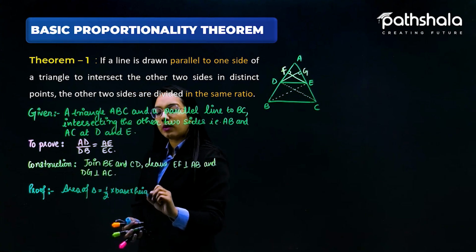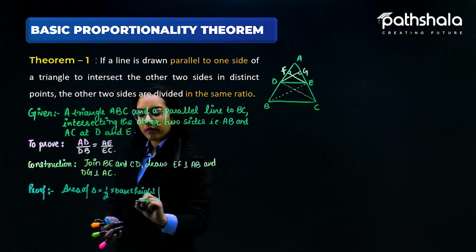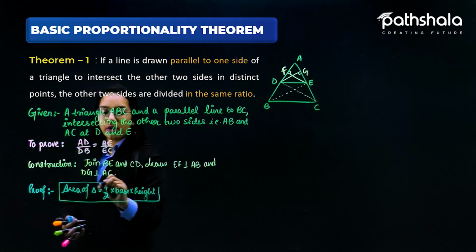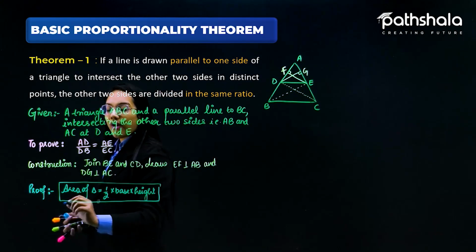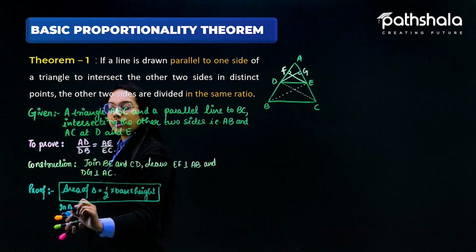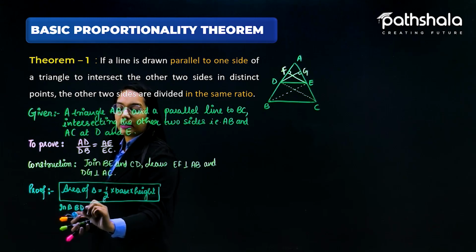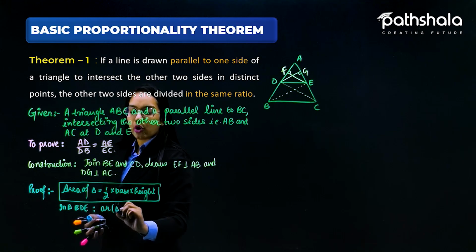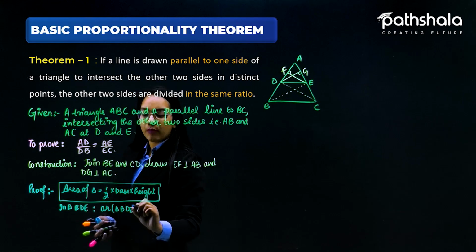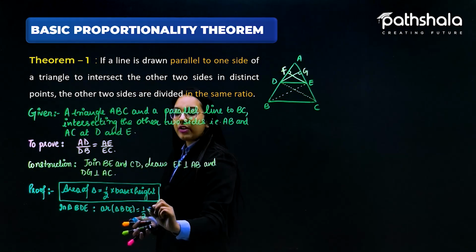Using this particular concept, we will talk about the ratio. So if I am talking about triangle BDE, then the area of the triangle BDE would be equal to half into base.